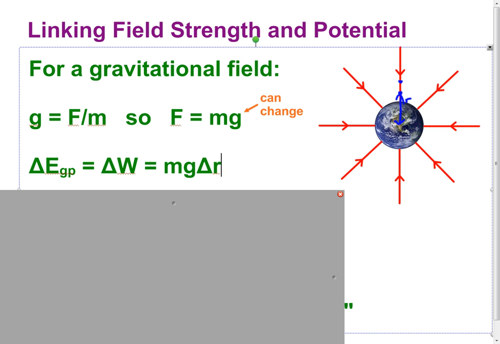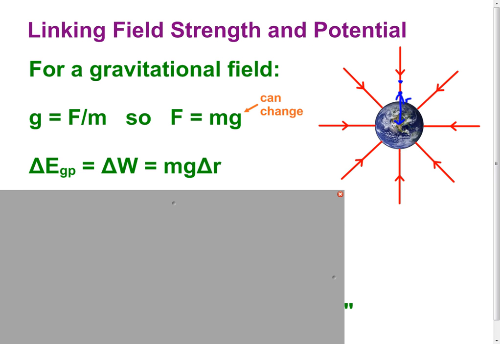Now, really, I've just told you that this g can vary, and we're using this g here as if it's a constant. So really, this is only valid for small changes. Small changes are usually shown with a small delta, so, for example, mg delta r. But in the textbook it uses the capital delta here, so I'm using the capital delta, but just be aware that this is really only going to be true for small changes in height.